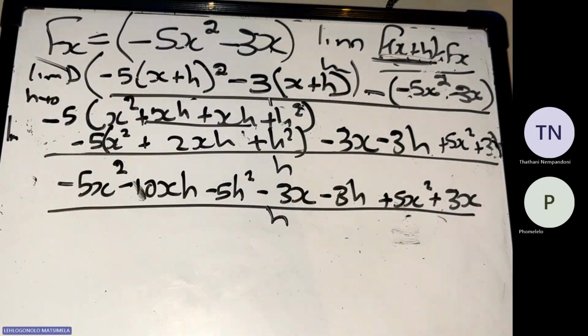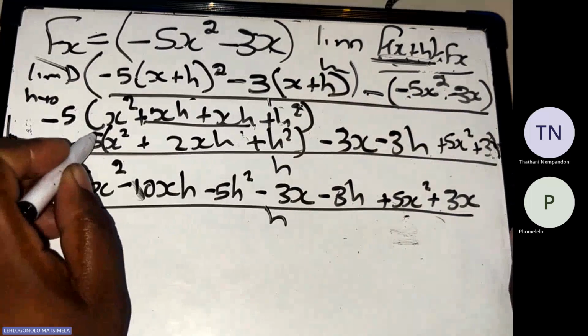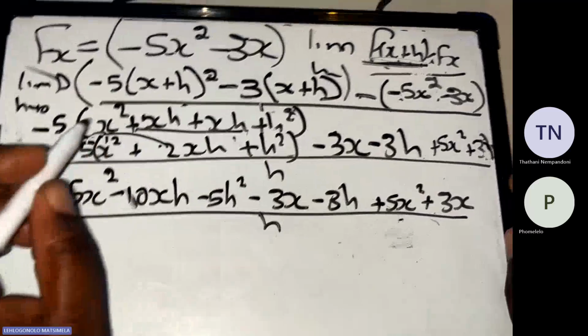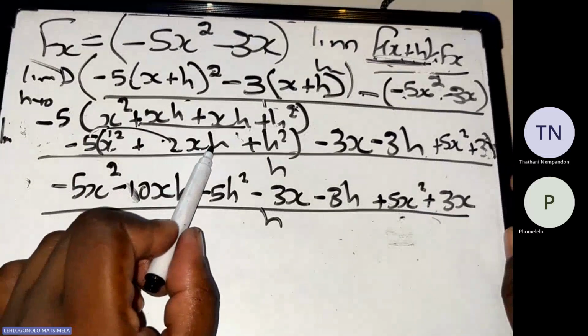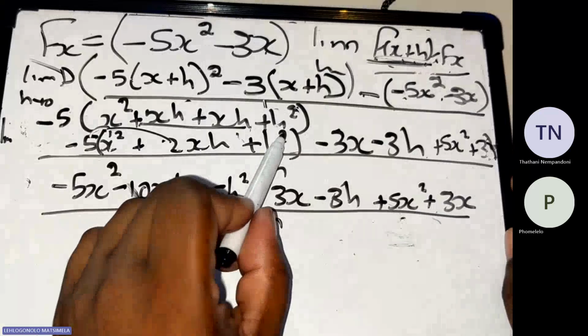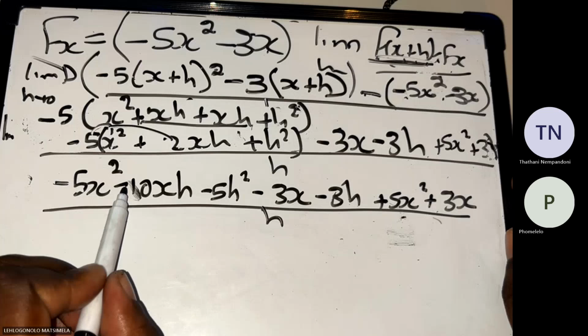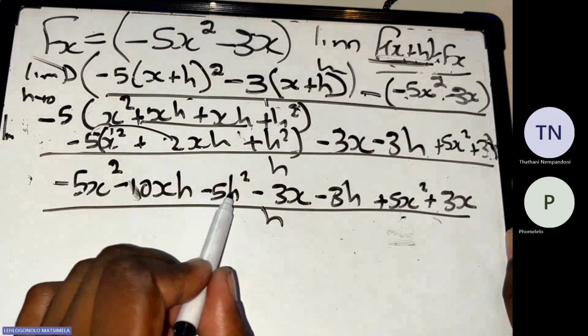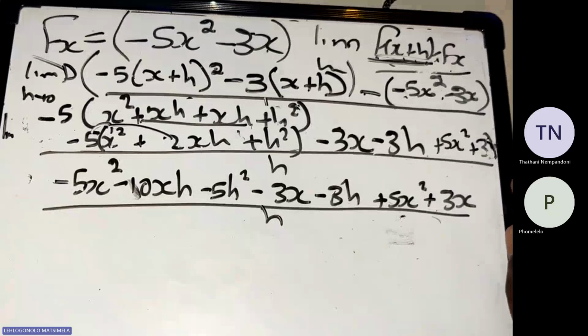That is where 10 comes from. 10 comes from that minus 5, because it's outside the brackets, it multiplies everything inside the bracket. It multiplies x squared, it multiplies 2xh, it multiplies h squared. So that's why we are having minus 5x squared, minus 10xh, and minus 5h squared. Then everything else is the other part outside the brackets.